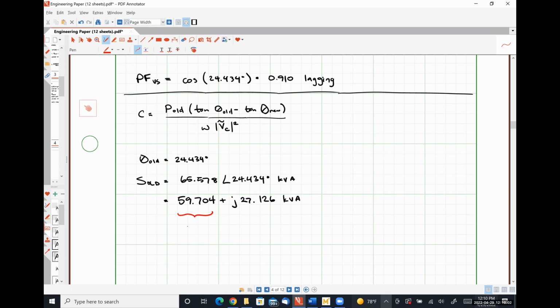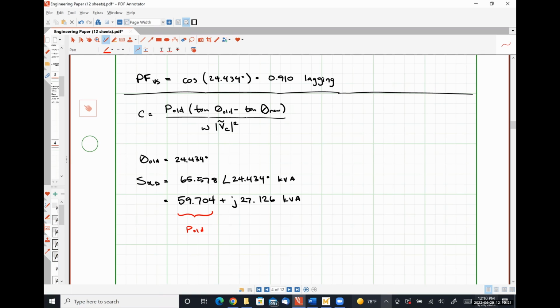This part right here is P old, the real part. So we have P old, we have theta old, so we are lacking theta new, omega, and VC, the magnitude of VC.